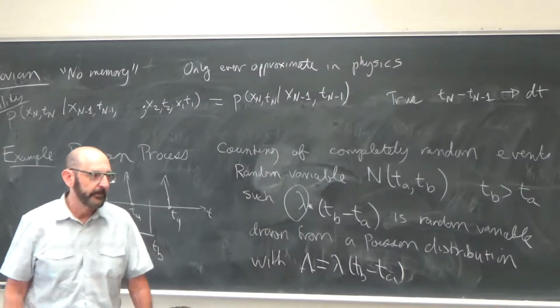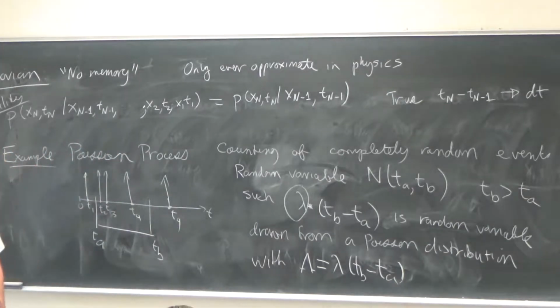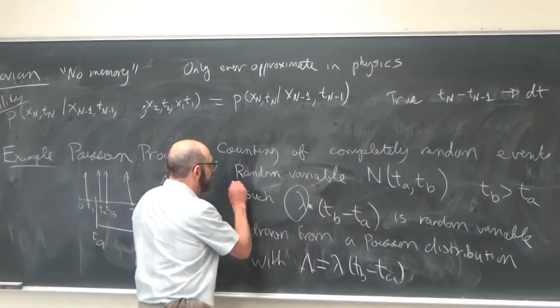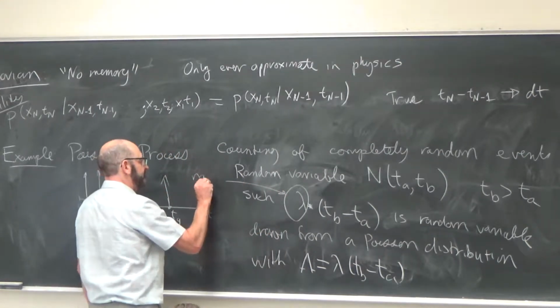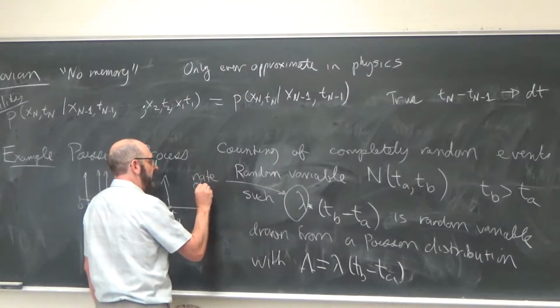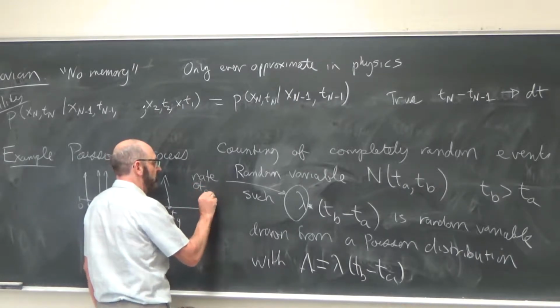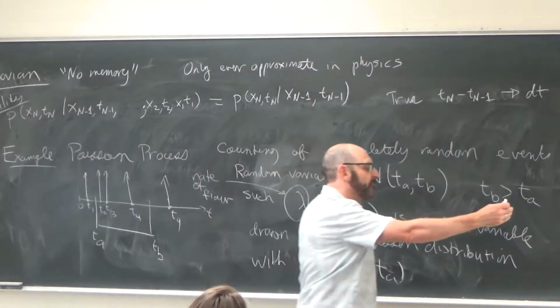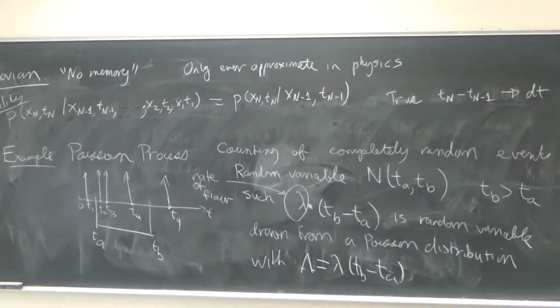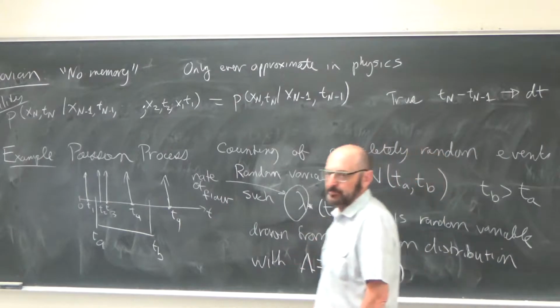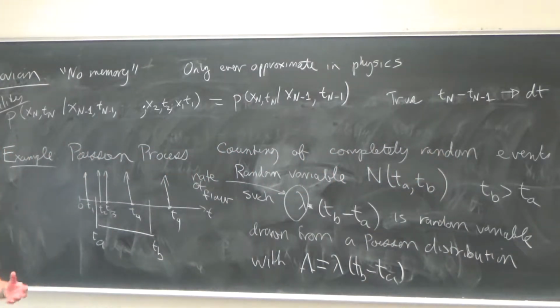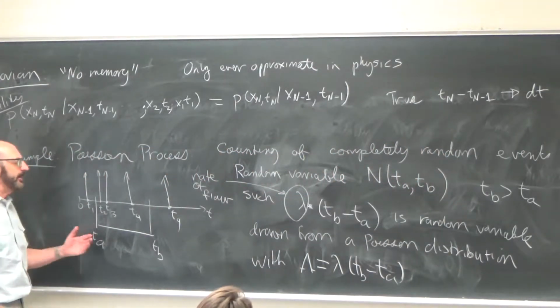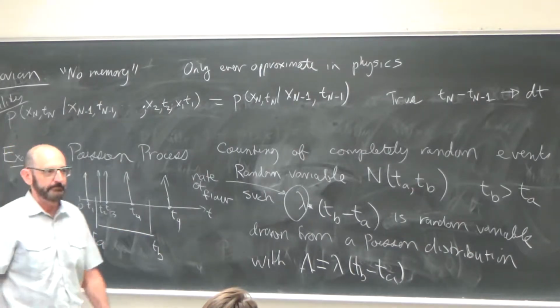and little lambda is the rate of flow. So the physical picture here is that I have a flow of particles onto my detector. They occur with some average rate. That average rate is little lambda. The number of counts I will see in any time interval is random.